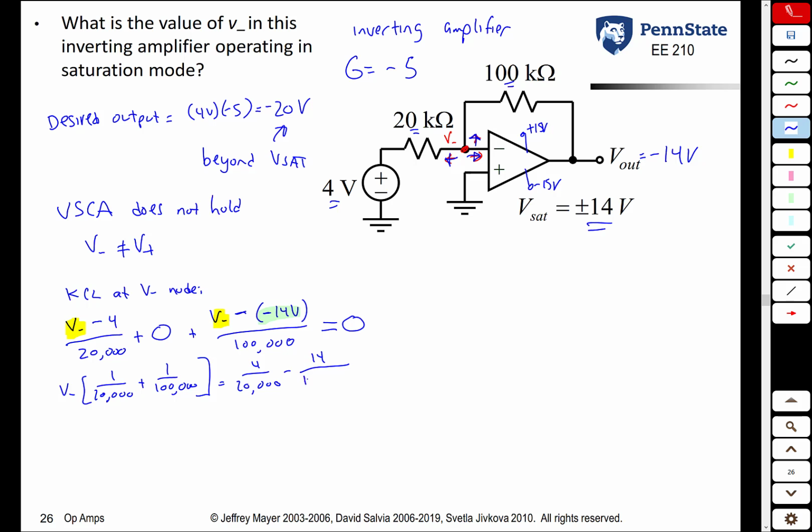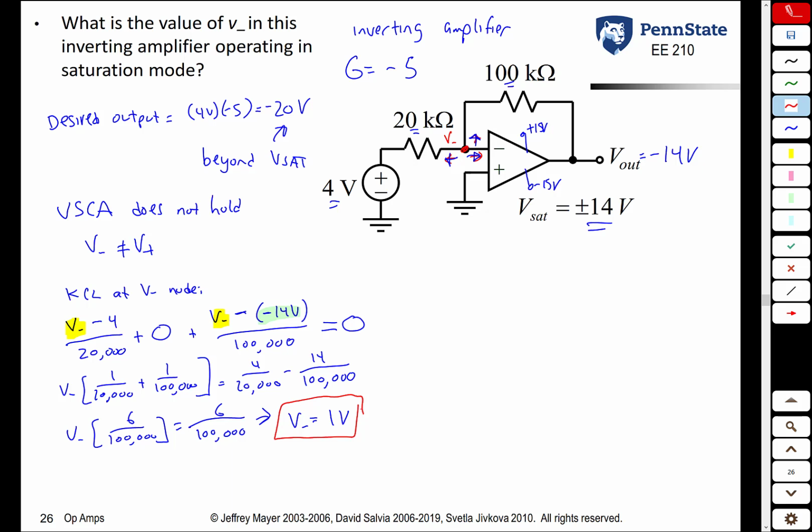So you get minus 14 over 100,000. You work out the math, getting a common denominator, you get V minus times 6 over 100,000 equals, on the right-hand side, 6 over 100,000. Solve for V minus, you get V minus is equal to 1 volt.